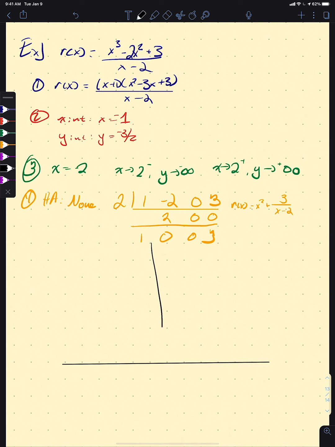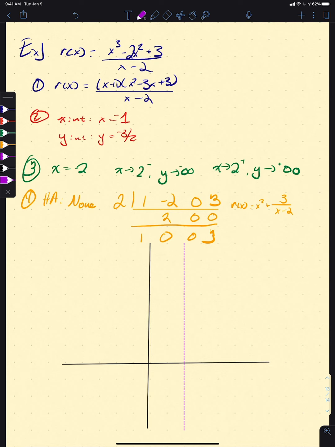Again, these are going to be mostly sketches for these rational functions. So let's put our asymptotes down. We're going to have one at x equals 2. And our end behavior asymptote, again, weirdly enough, is the graph y equals x squared, where I'm going to squish things pretty heavily vertically.